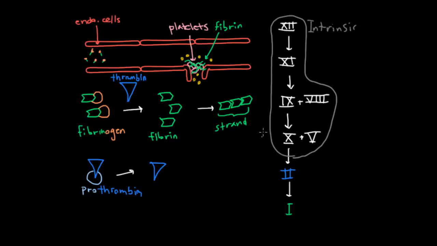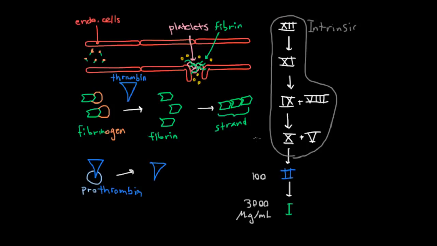Now I said that this was an amplification sequence, and so I just wanted to share a little data to show that that's true. So it turns out that factor 1, or fibrin, in its inactivated form, which is fibrinogen, has about 3,000 micrograms per milliliter in blood, while this guy has about 100 micrograms per milliliter in blood.